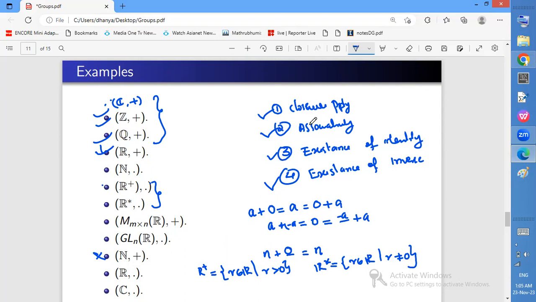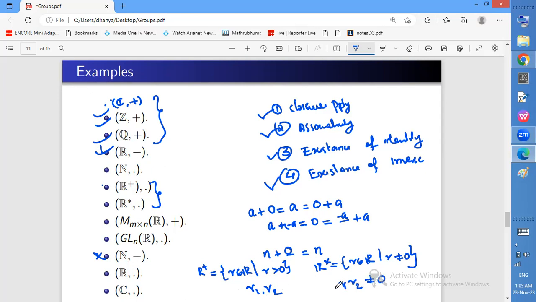First of all, I have to check the closure property. First, I am considering R plus. Given any two positive real numbers r1 and r2, you know their product will also be a positive real number. That means multiplication is a binary operation on the set of positive real numbers. Similarly, given two non-zero real numbers r1 and r2, the product r1 into r2 is also not equal to 0.